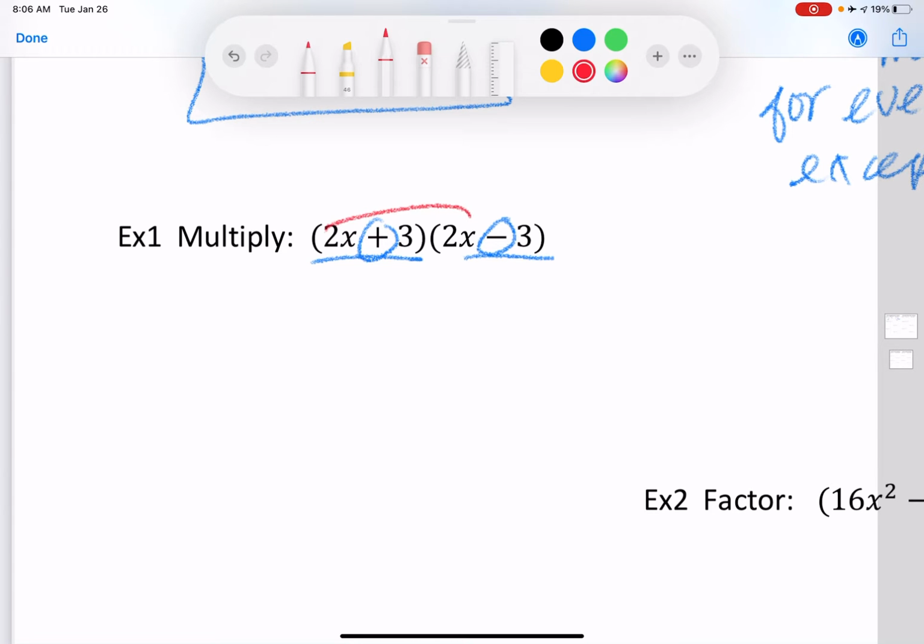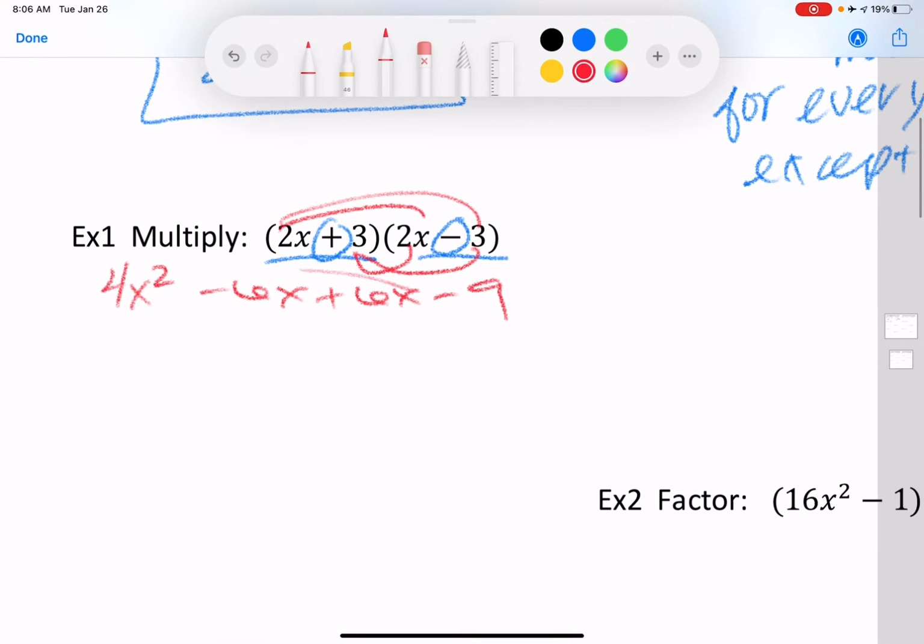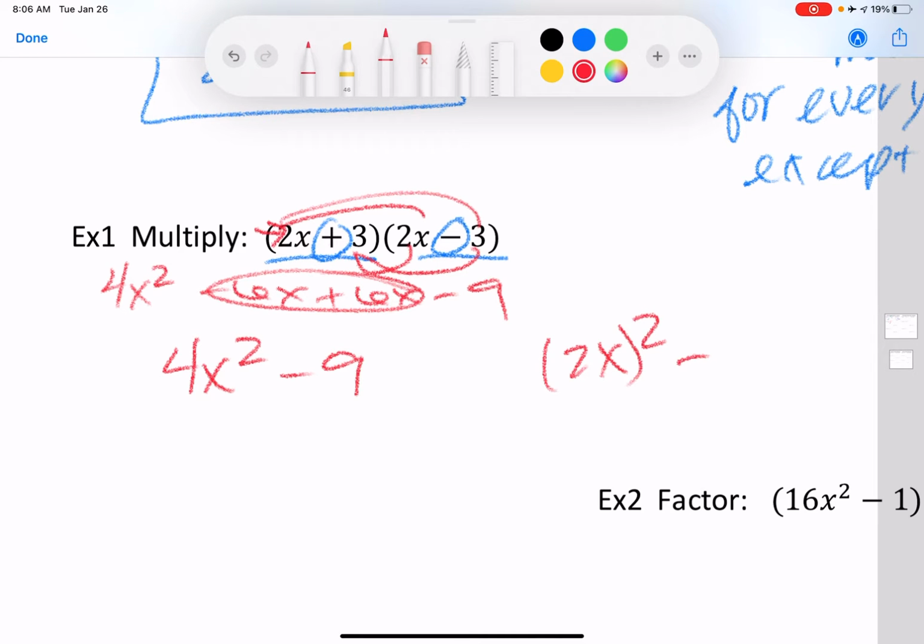Okay, so you've got first, outer, inner, and then last. Your O and I terms zeroed out, so you get 4x squared minus 9. Now think about it. Your first term right here was 2x. 2x squared minus, since they have opposite signs, the 3 squared.